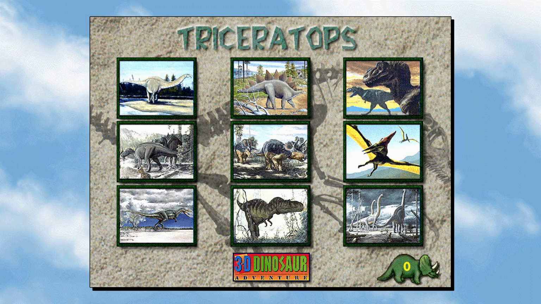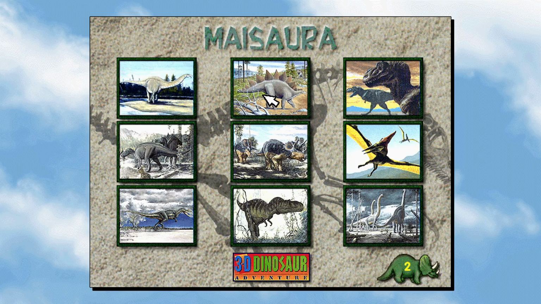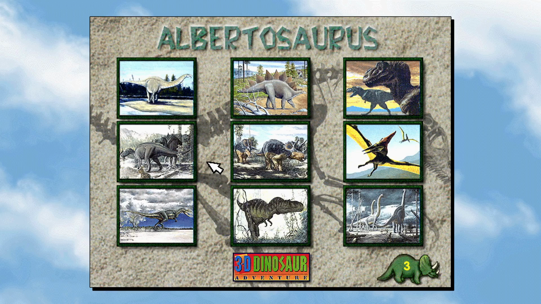You're right. This is a Triceratops. Can you find the Stegosaurus? You're right. This is a Stegosaurus. Can you find the Maiasaura? Keep looking. You're right. This is a Maiasaura. Can you find the Albertosaurus?